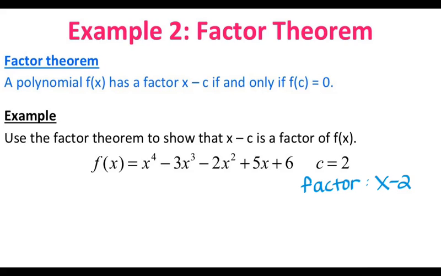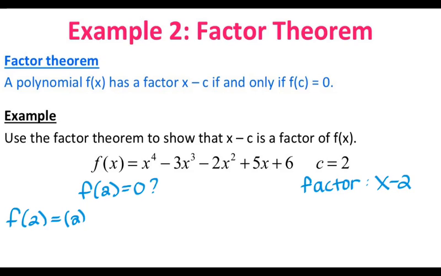Now to show that x minus 2 is a factor, we need to evaluate f of 2 and see if that equals 0, because the factor would go in evenly, and that c would result in a 0 when you plug it in. So let's go ahead and take 2 and plug it in for x.